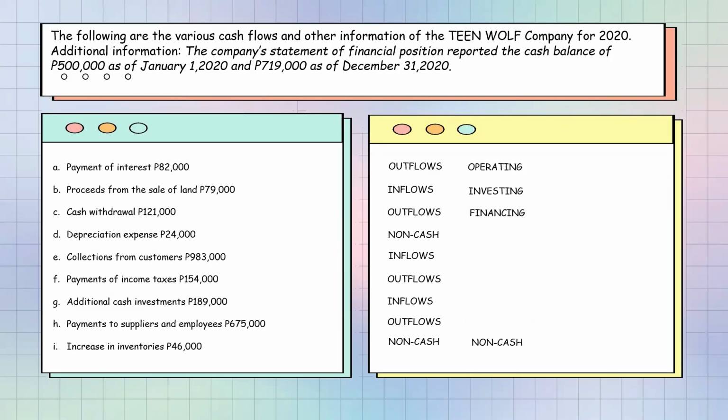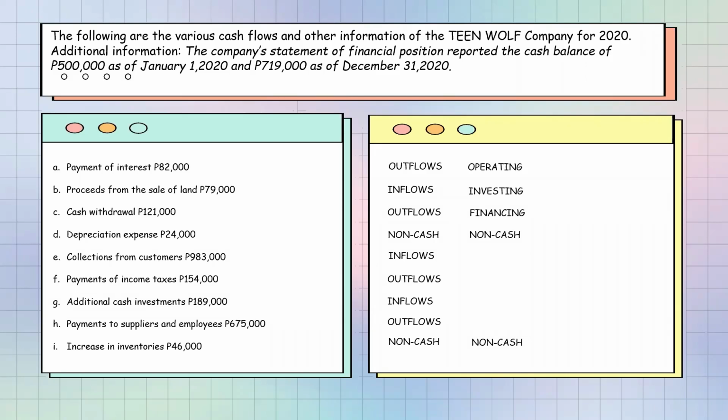So, dahil yung depreciation expense ay non-cash, hindi siya kasama sa classification. Non-cash pa din siya. So, sa letter E, dahil may collection tayo from the customer, revenue account siya.